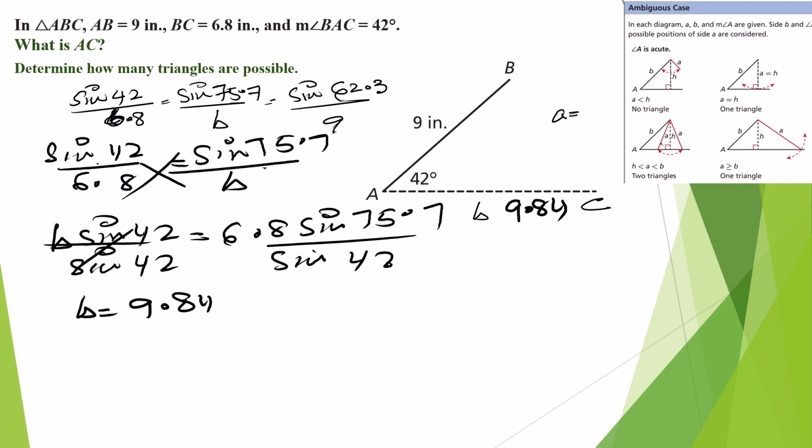Now can we see one more thing, that here we found 62.3, and this one we found 75.7, and small a we found was 6.8. But can you see that this is only one triangle?